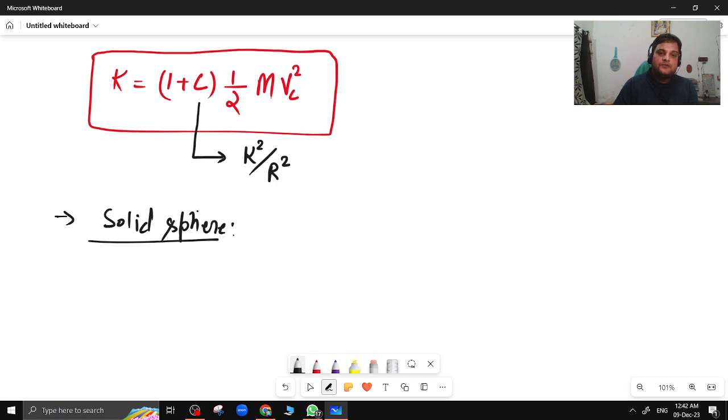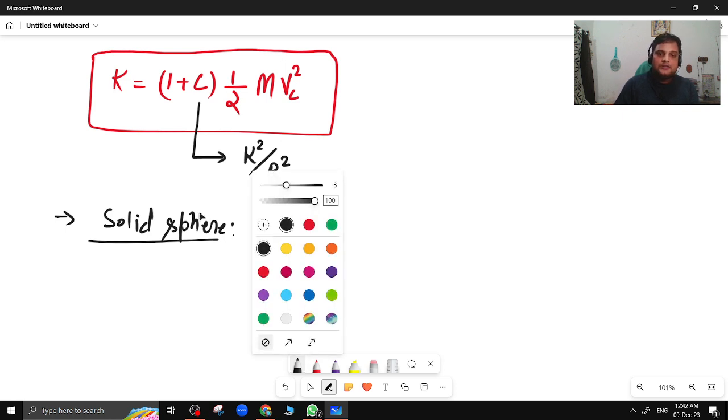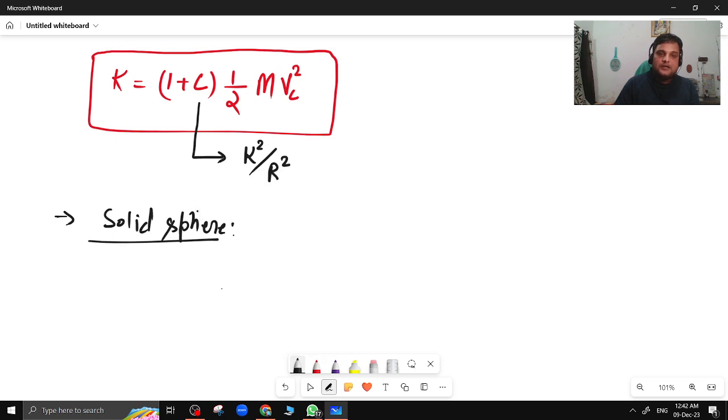For a solid sphere, we know that the moment of inertia about its center is I equals 2 by 5 m r square, and I is also given as m k square in terms of the radius of gyration, where k is the radius of gyration.